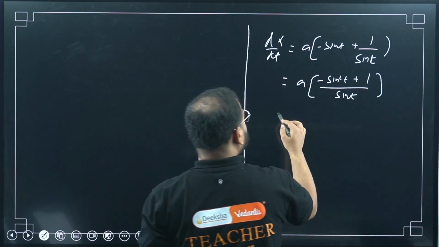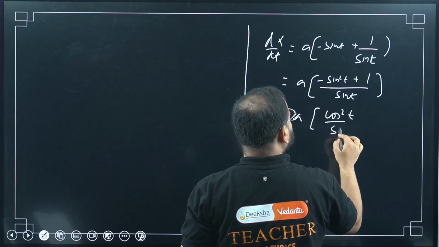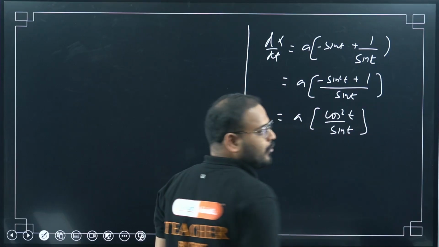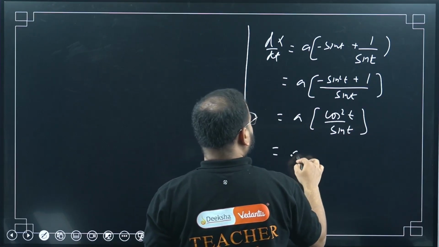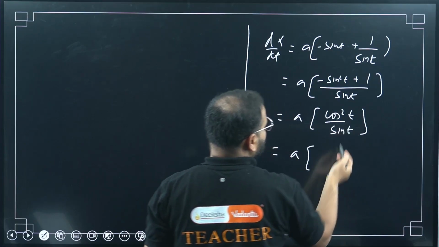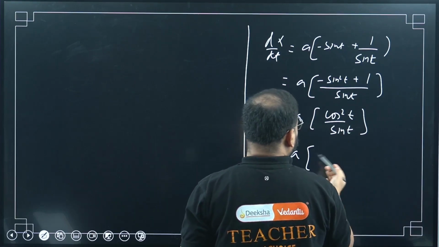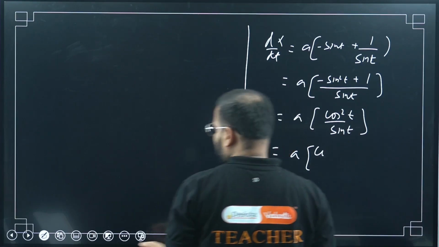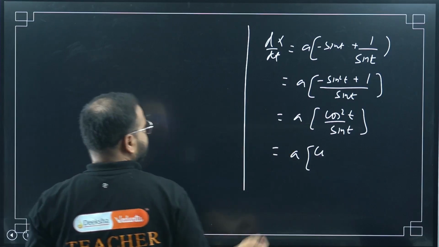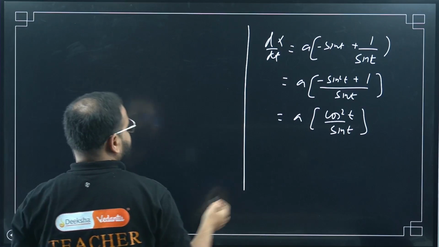Yes. How much is this? A cos square t upon sin t. Yes or no? Yes. I can keep it like this also, no problem. A cos square t upon sin t. This is my dx by dt.